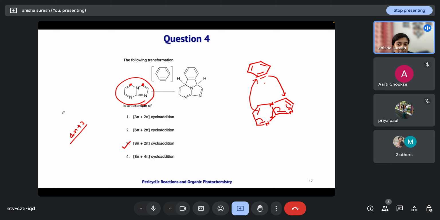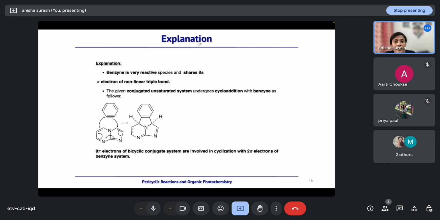4n plus 2 cycloaddition will follow suprafacial mode of interaction, and that is why these two hydrogens are coming cis to each other. Fine. Okay. So here benzyne is a very reactive species and shares its pi electrons of the nonlinear triple bond.